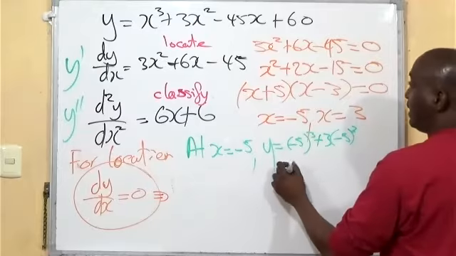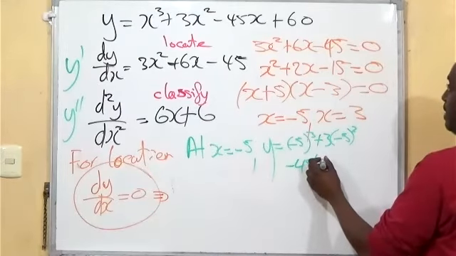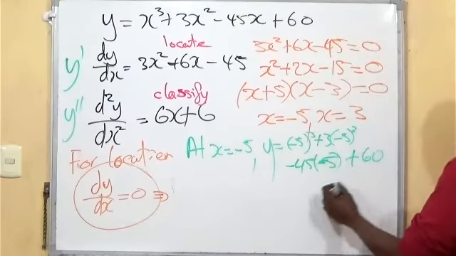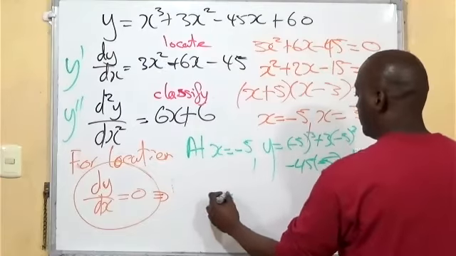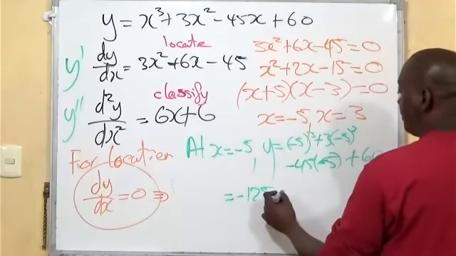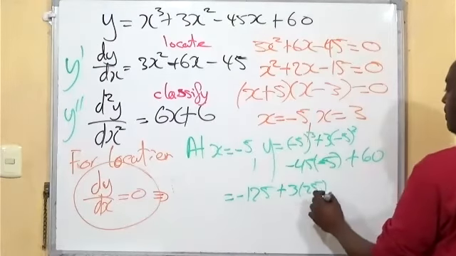Now here's where it's to get real sticky, right? -45 by -5 plus 60. So -5 cubed is -125. 3 by -5 squared is plus 3 by 25.